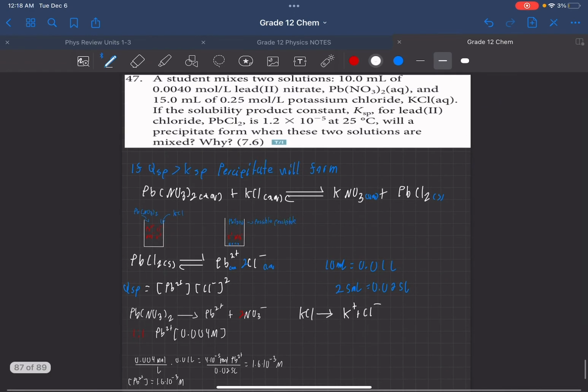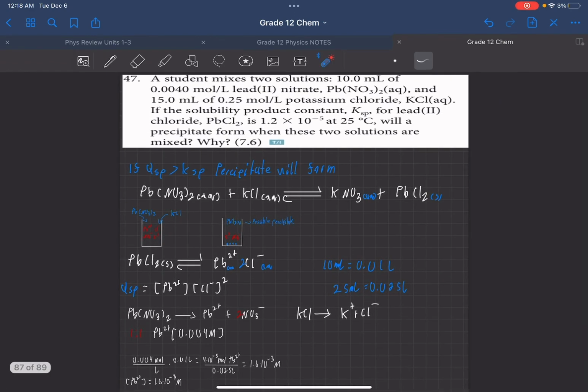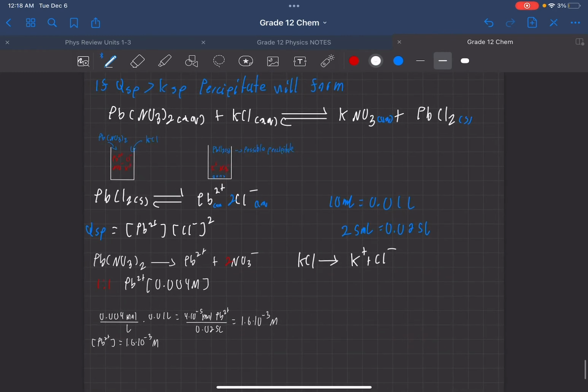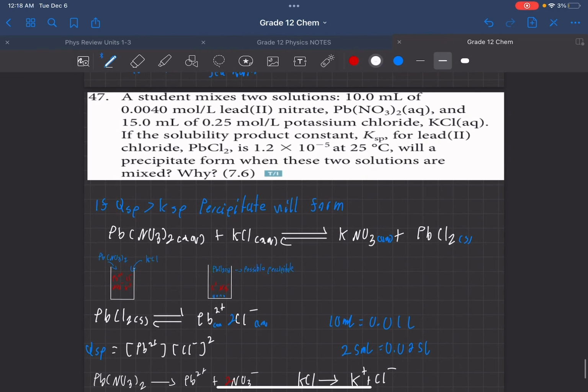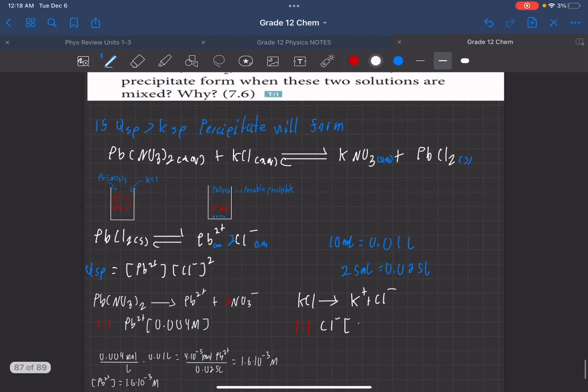So whatever the concentration of our potassium chloride is, that will be the same concentration as our chloride ions. So, 1-to-1, therefore the Cl minus concentration is, well, we're given 0.25 molar potassium chloride. So that is 0.25 molar.